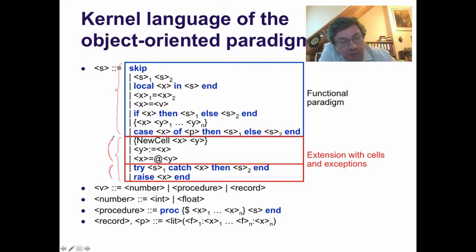So there's a small extension to the kernel language and also a small extension to the abstract machine to execute the new instructions and implement the new concepts. With this, using the state and exceptions, we can build data abstractions, we can build all the techniques of object-oriented programming, polymorphism, inheritance, and so on, and they work quite well because we have all the concepts that we need to do them.